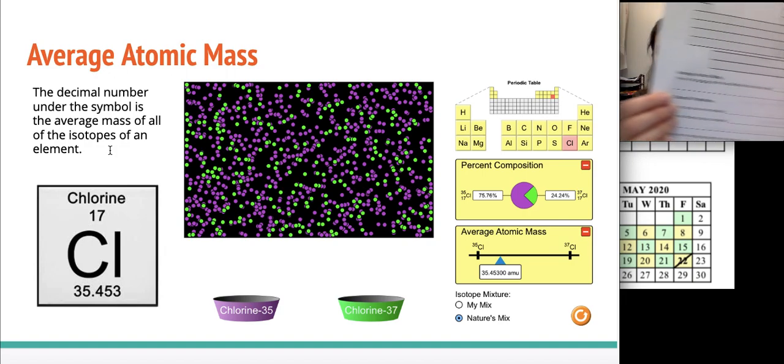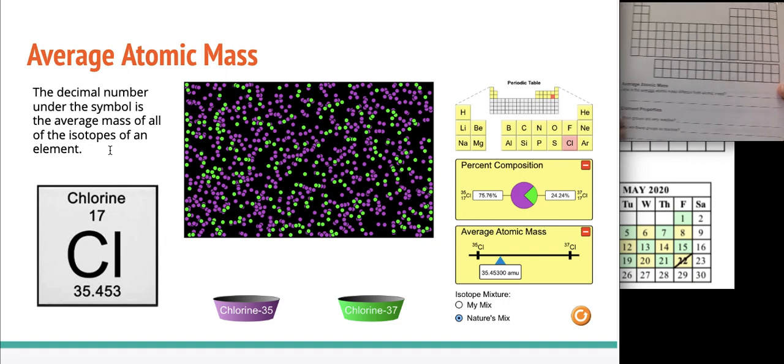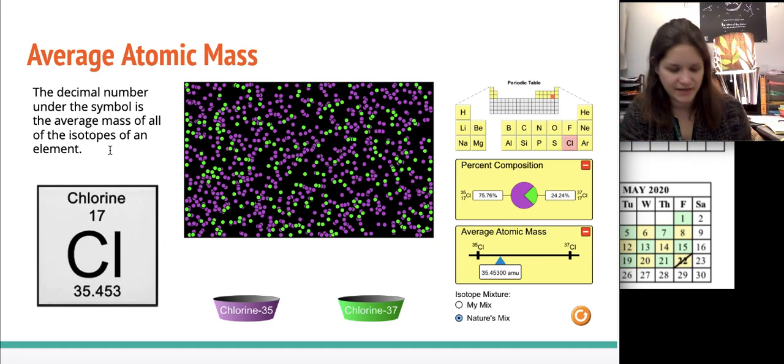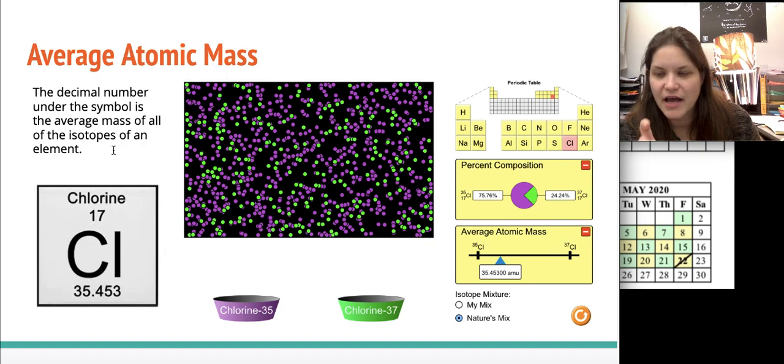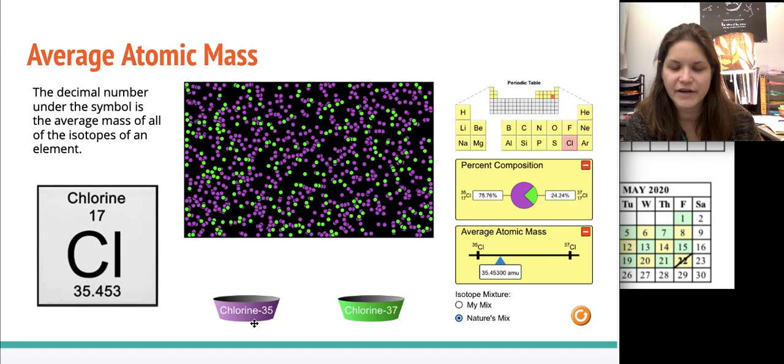So on this next page, underneath that periodic table, we have what's the difference between average atomic mass and atomic mass. And so your average atomic mass, that's going to be the decimal under this. It is the average of all of the different isotopes of that atom. So for example, in nature, there's 2 isotopes of chlorine.